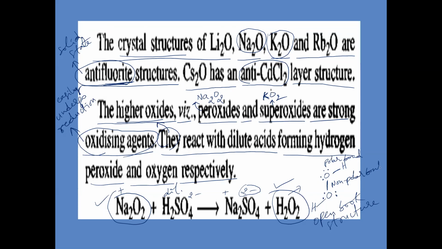The covalent bond between same atoms is non-polar; between 2 different atoms it is polar. So there are 2 O-H polar bonds and 1 O-O non-polar bond. This O-O linkage is called the peroxy linkage. Like this, hydrogen peroxide is produced here.